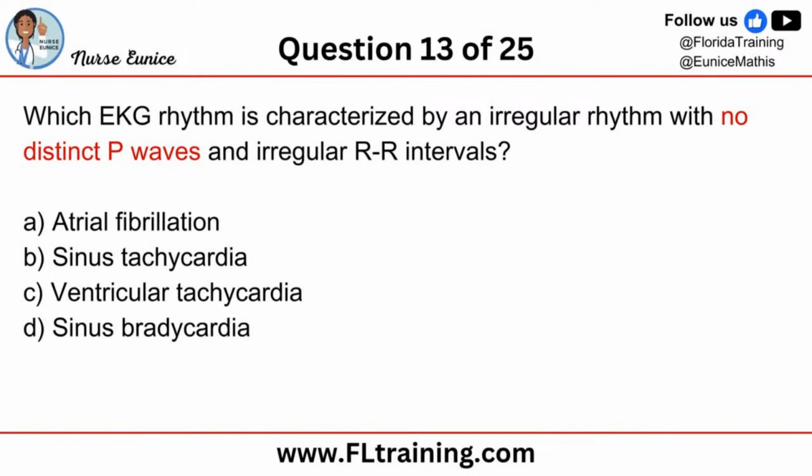Is it A, atrial fibrillation, B, sinus tachycardia, C, ventricular tachycardia, or D, sinus bradycardia? Think back to those rhythms that we saw earlier. Which one had no distinct P waves? It was irregular.